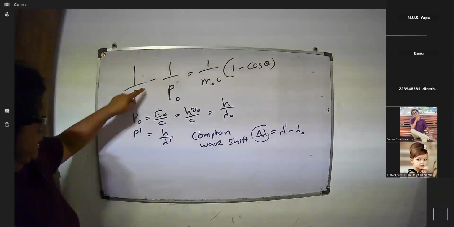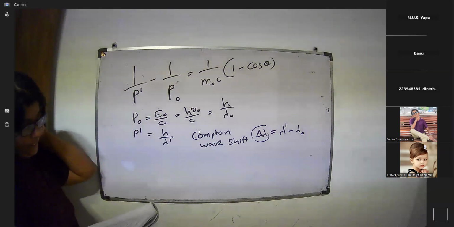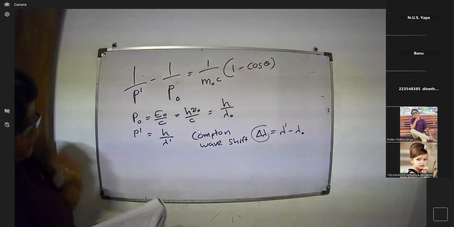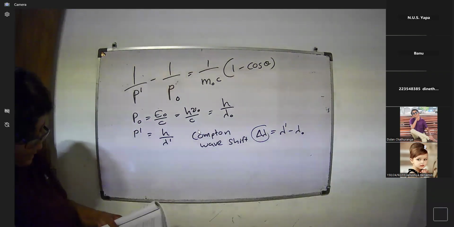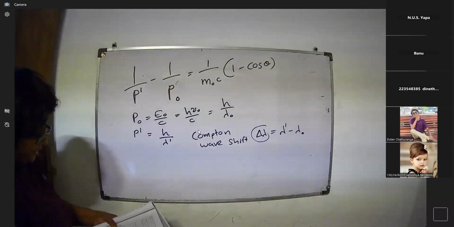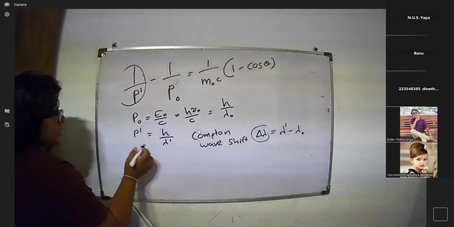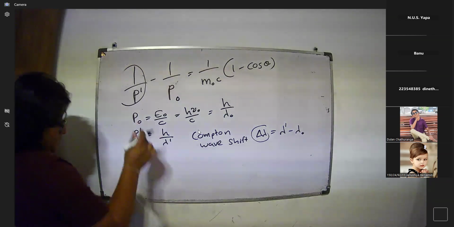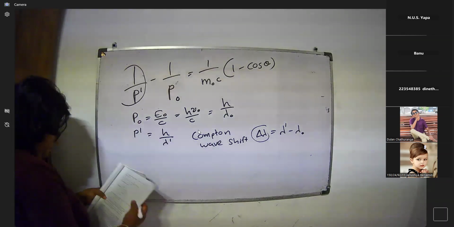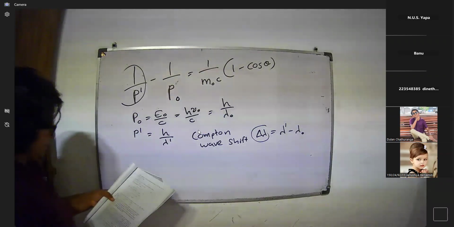In this equation, we can write the quantum shift using E naught over c, h over lambda naught and h over lambda dash. We can substitute into the equation, 1 minus cos theta, then the equation becomes 1 over P dash minus 1 over P naught. We can divide by h in this equation.